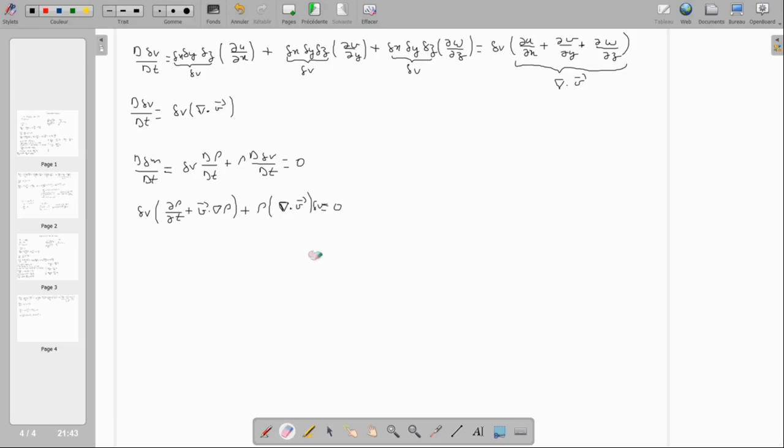Sorry, so this is rho times delta v, which is 0. So we can simplify by delta v.